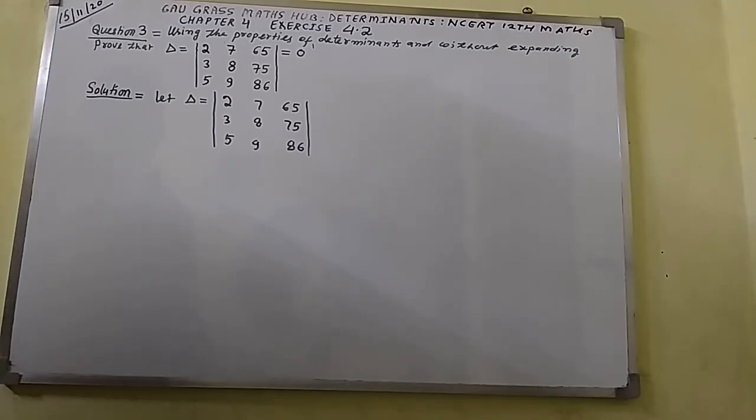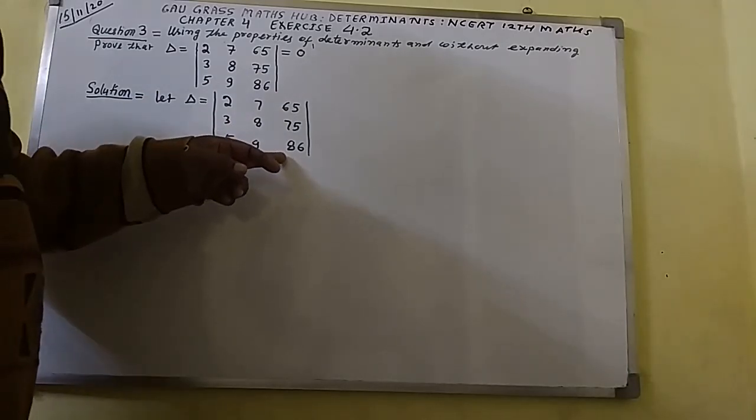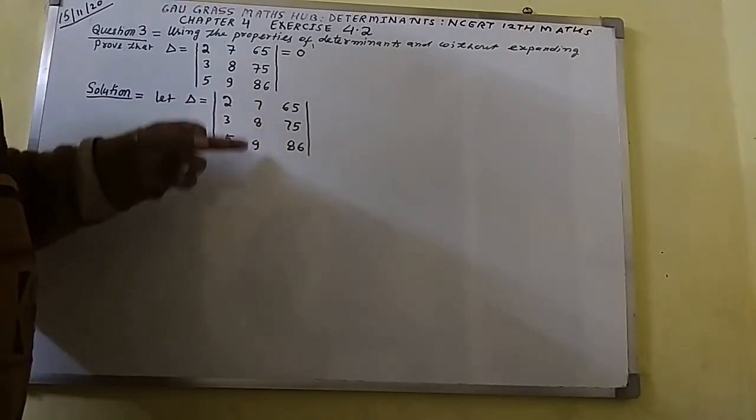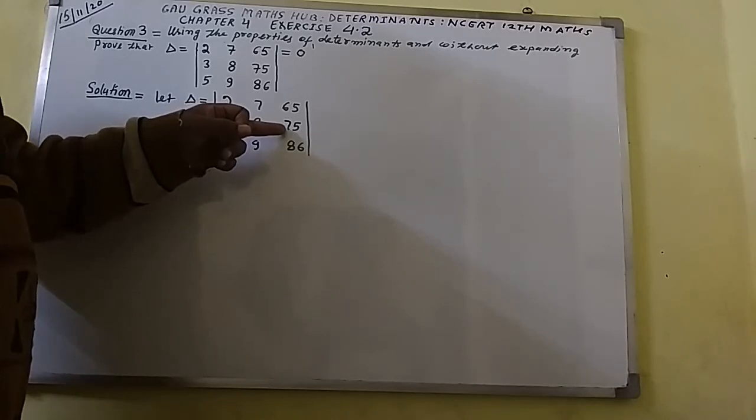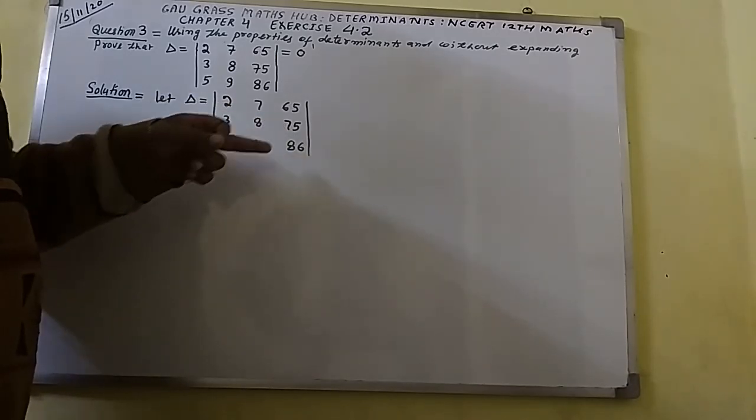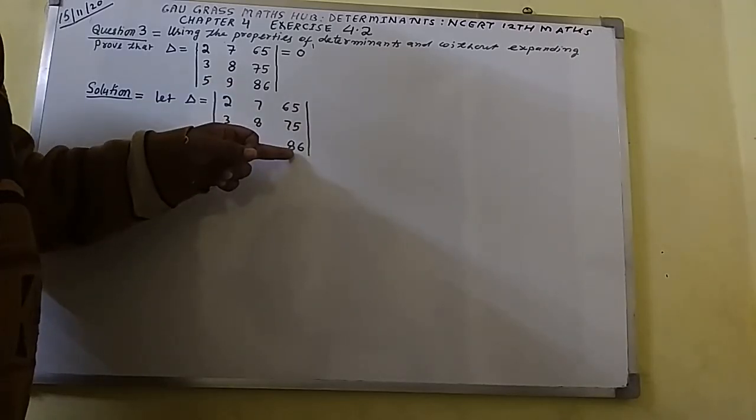What you have to do here? Here you can see, in the third column the element is 65, in the second column the element is 7. In the third column the element is 75, in the second column the element is 8. In the third column the element is 86, and the corresponding element in the second column is 9.